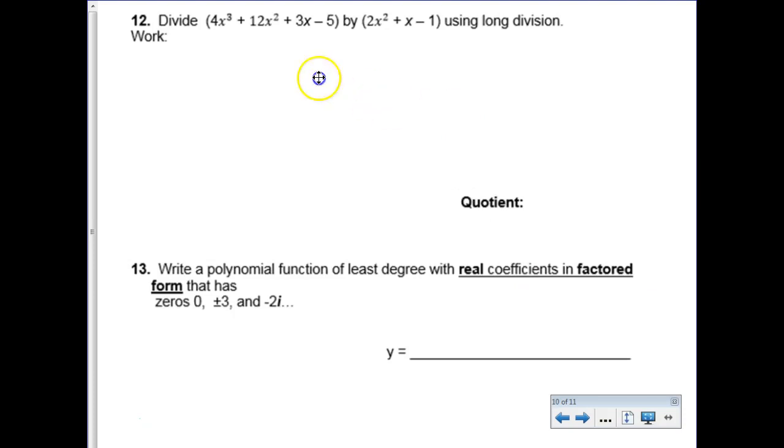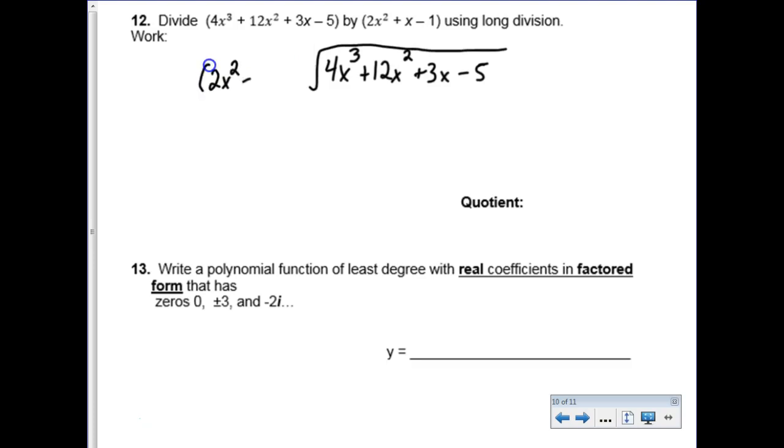All right, now you get up. You must perform long division. This time, 4x to the third plus 12x squared plus 3x minus 5. It's being divided by... Now your divisor's a quadratic, so just watch out. It's got a lot of terms.